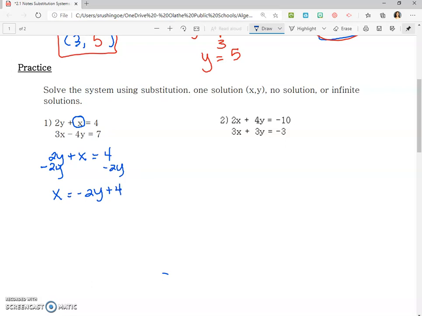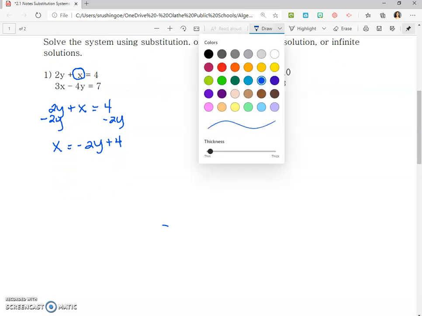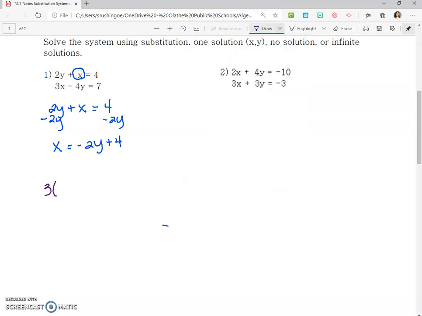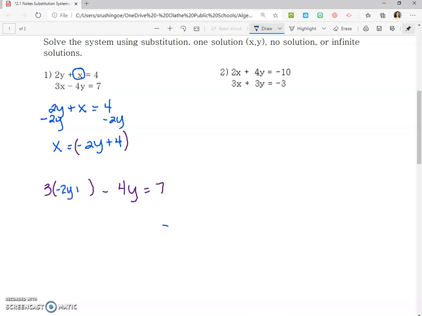So I know I'm going to replace position x, but I'm going to do it in this game here. Like basketball game, we've got tired player x. So I'm going to pull that player x out, and I'm going to put in this new player who plays position x, and I'm going to put that in right here, negative 2y plus 4 instead of that x.